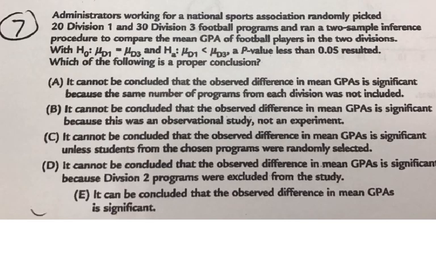All right, let's do one more. Number 7. Now, guys, this one, again, should be pretty straightforward. Notice our null hypothesis. We're trying to compare Division I with Division III football programs. And just to add a little reality, guys, understand, to be in Division I, generally, it's more competitive, right?